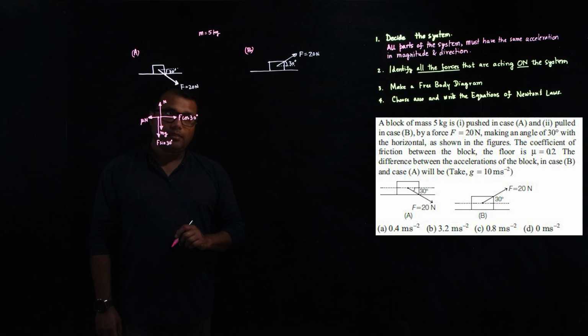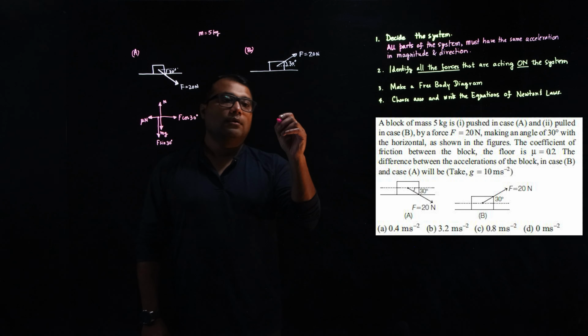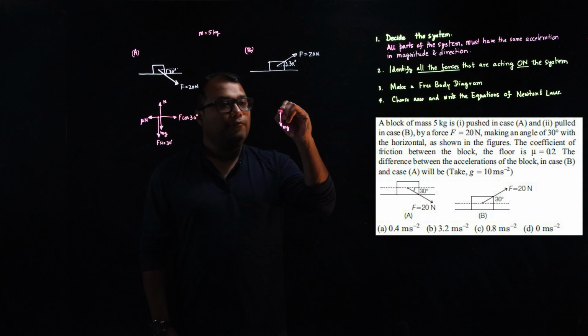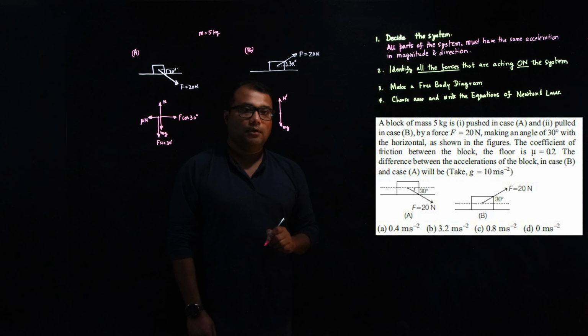Now let's draw the free body diagram of this case. We have mg. We have a different normal reaction here, N dashed.